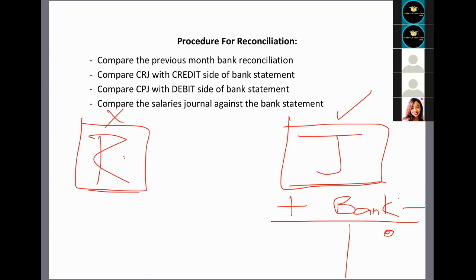Let's say the bank made an error by depositing money into my account, which was supposed to go into someone else's account. Where am I going to take that? Reconciliation. On my debit or credit side? Debit. On my debit side. That is perfect. So I can see that you guys understand this.